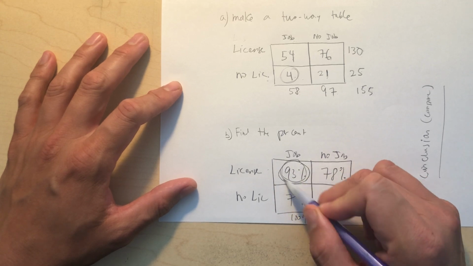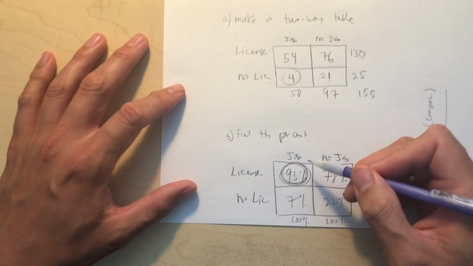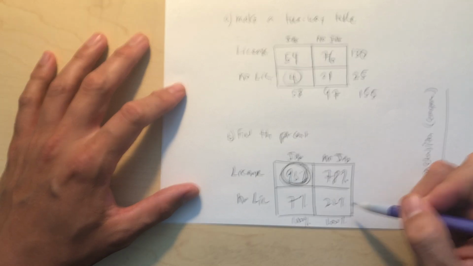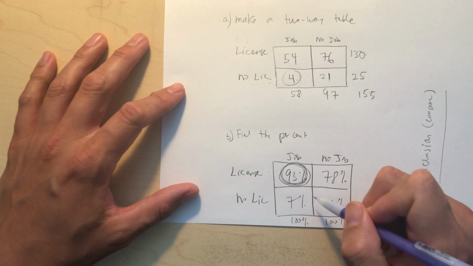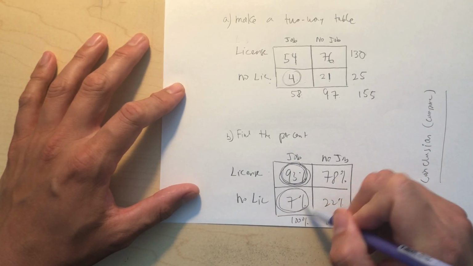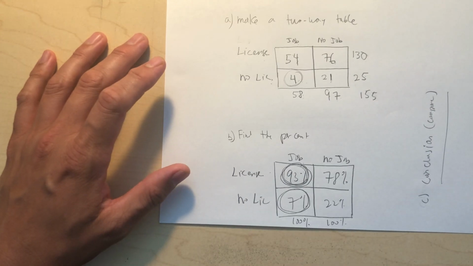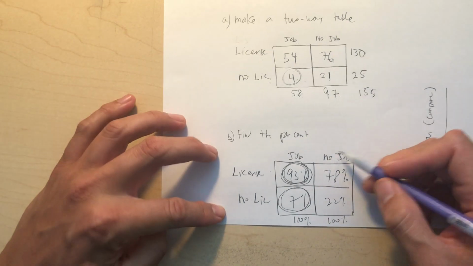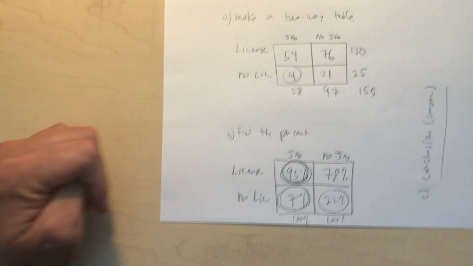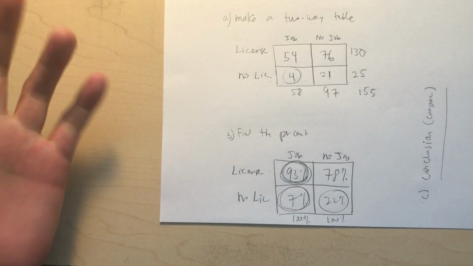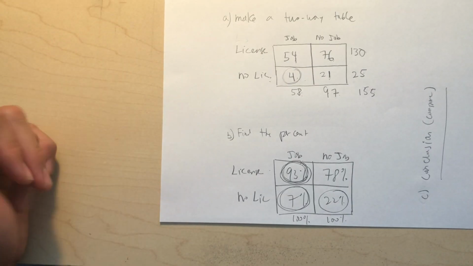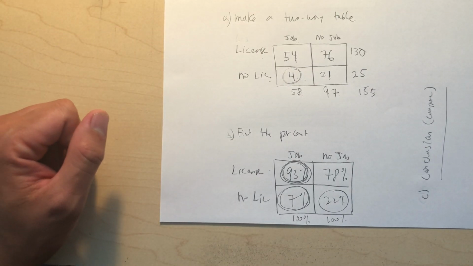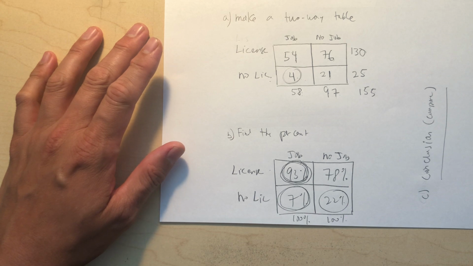Do have a license and do have a job is far exceeding students that do not have a license and do have a job, which is over here 7%. And basically, if you don't have a license and there's no job, it's at 22%. So just by looking at this data, I would say you definitely need a license if you want to get a job. All right, so that's my conclusion.